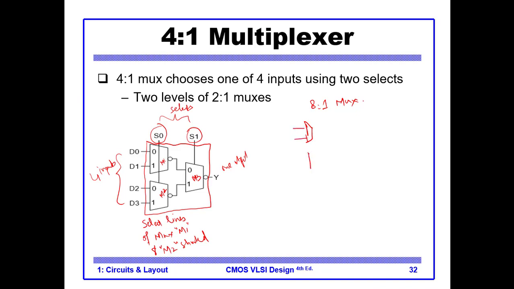So an 8x1 mux has 8 inputs: D0, D1, D2, D3, D4, D5, D6, D7.